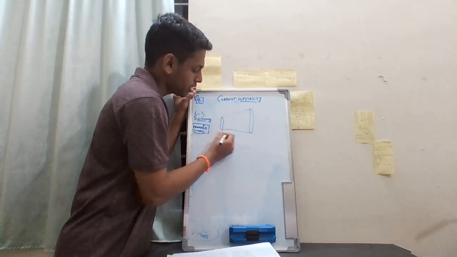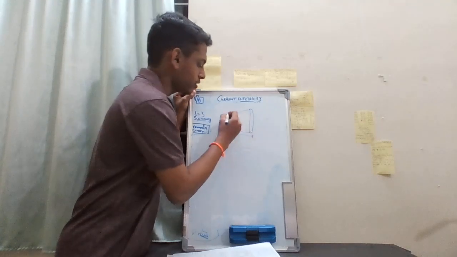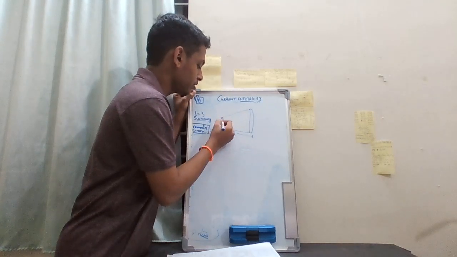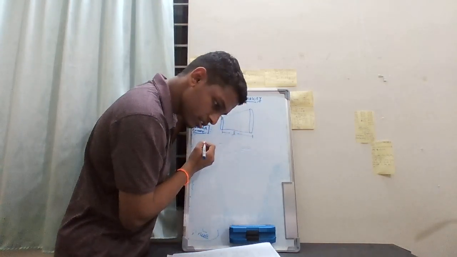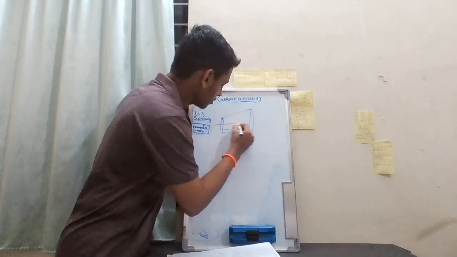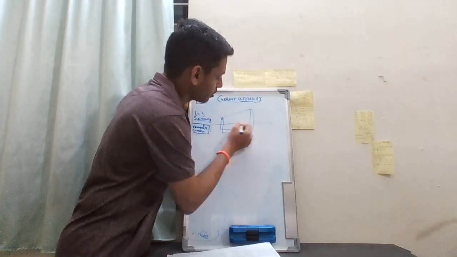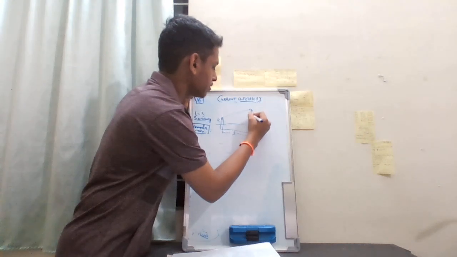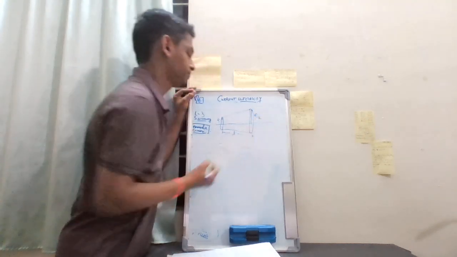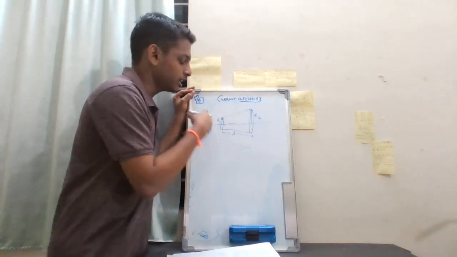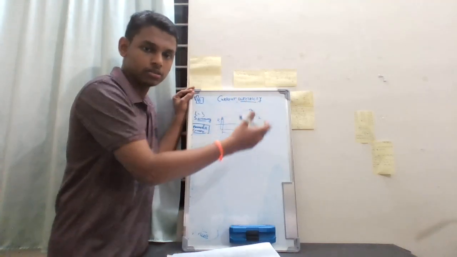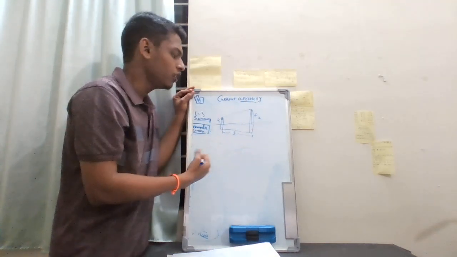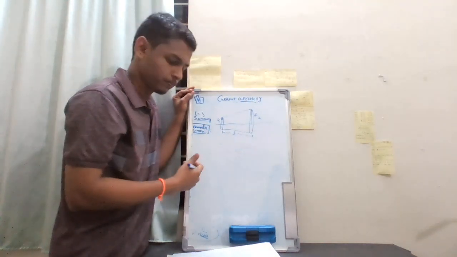Its length is L, and here its radius is R1 and here it is R2. Now, if current passes through this type of conductor, what would be its resistance?